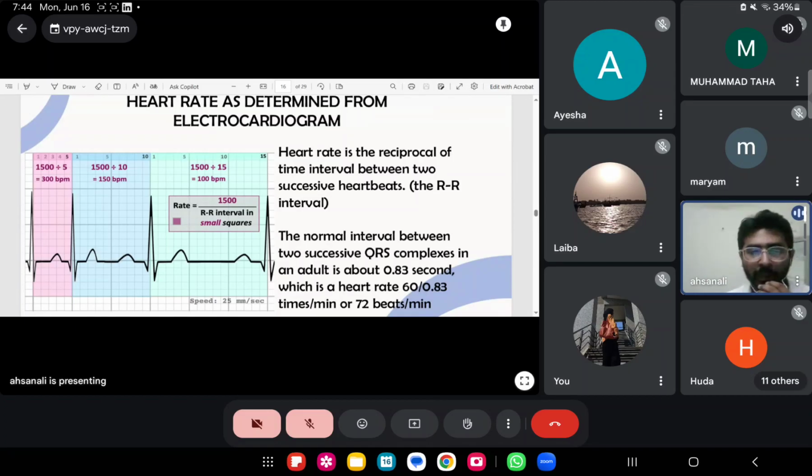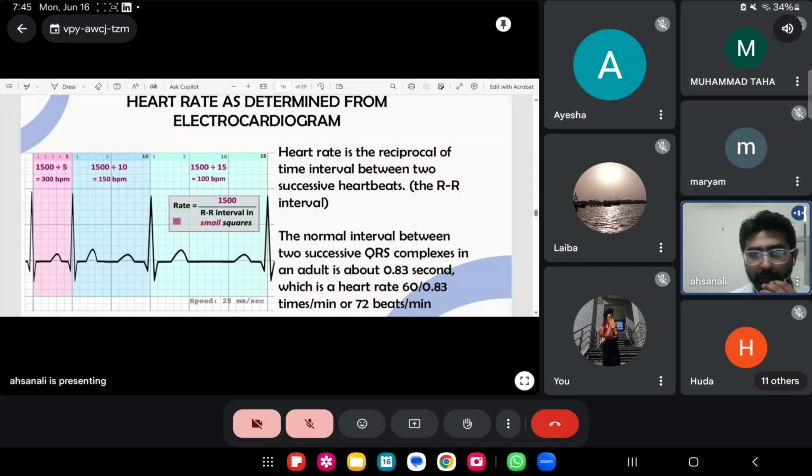Between two R waves, count the small boxes and divide 1500 by that number. Here 1500 is the constant, and the interval is the RR interval.